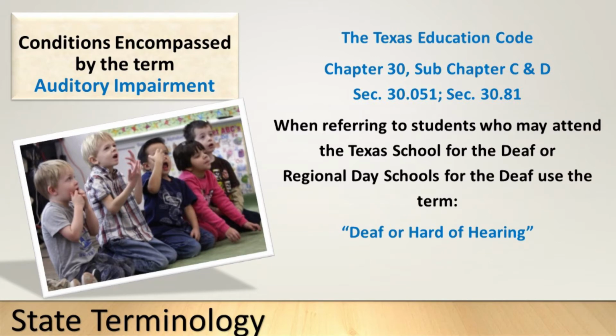The Texas Education Code, Chapter 30, Subchapters C and D, Sections 30.051 and 30.81 identifies that when referring students who may attend the Texas School for the Deaf or the Regional Day School for the Deaf, we are to use the term deaf or hard of hearing. However, when it comes to identification for special education eligibility, the federal terms are what are required for use.